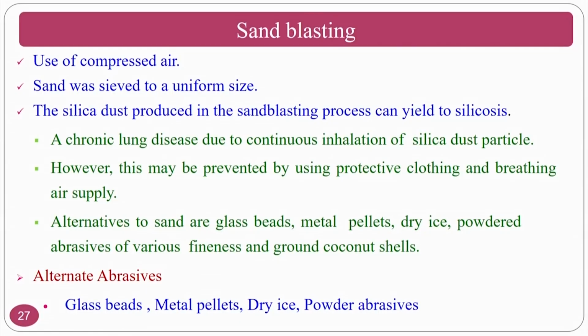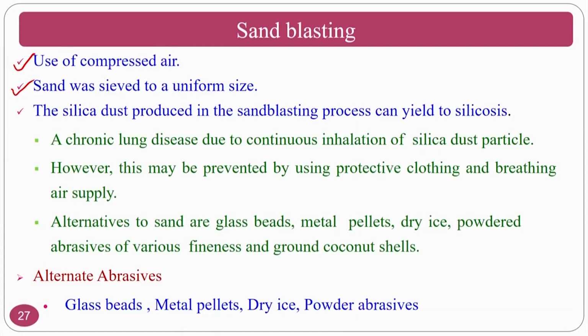The sandblasting normally uses compressed air. At the same time, sand was sieved to get the uniform size. Assume that you have to sieve it. If you sieve it, what will happen? You will get a uniform size of particles. Otherwise, if a big particle is there, it will go and create a big crater. If small particles are there, it won't create that. Then you will get a non-uniform surface, which is not desired by a manufacturing engineer.